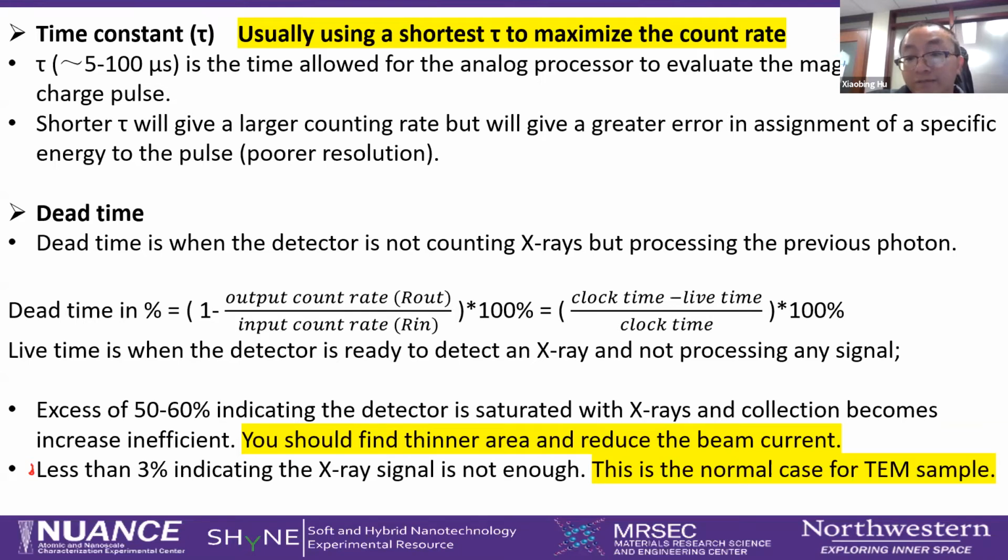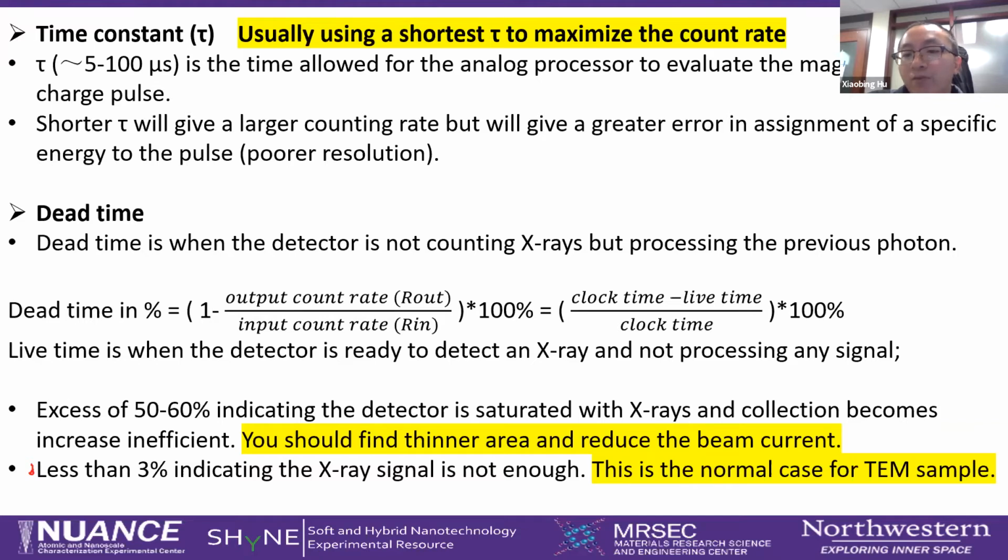Please remember that TEM is a little bit different from SEM. For SEM, your sample is very thick, and the sample will generate so many X-rays. So if you use a shorter time constant, it will contain more error and poor resolution.